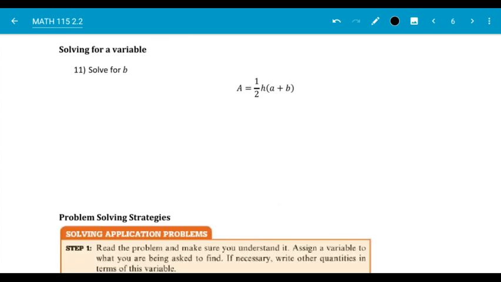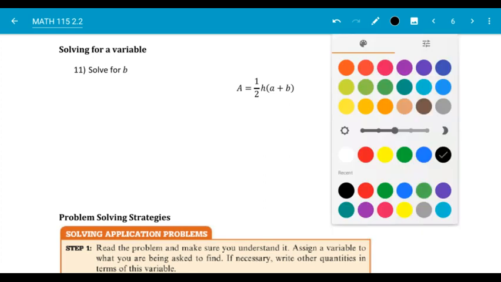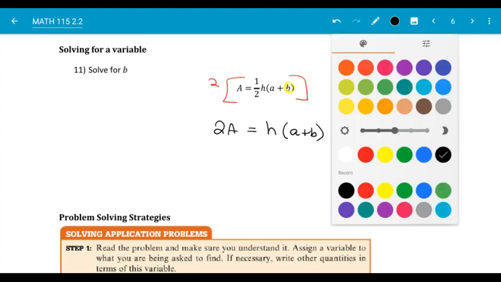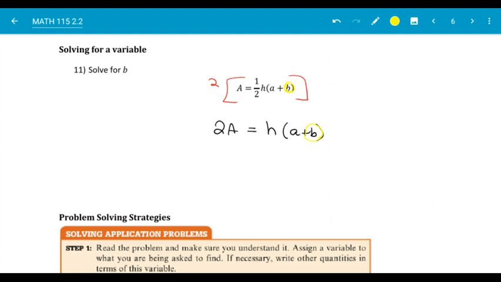Example 11, we're going to solve for a variable in a problem that has variables left in its final answer. If we think about what we're trying to do here, we're trying to solve this for b. The first thing I would probably do is multiply all the way through by 2 to get rid of that fraction. So on the left-hand side, I would have 2a equals, the 2 and the 1/2 cancel out, and you're left with h times a plus b. Again, keeping in mind we're trying to get b by itself, we could get rid of the h by dividing both sides by h.